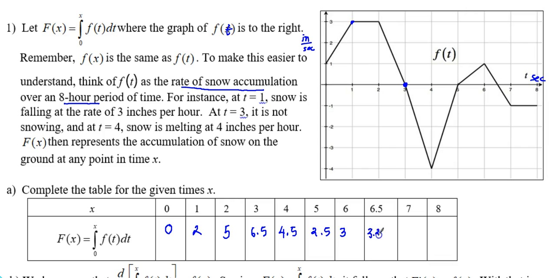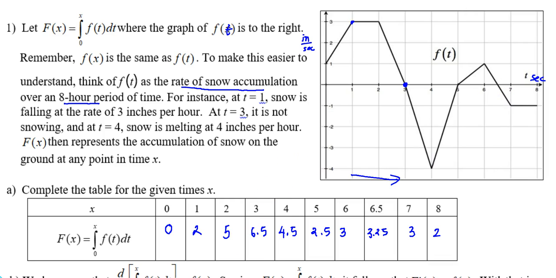I have simplified my answers to be easier to write. You might want to write them as they are, something plus something minus something. Remember, we are going this way, so this area will be counted negative. That's the positive area, that's the positive area, that's the negative area.